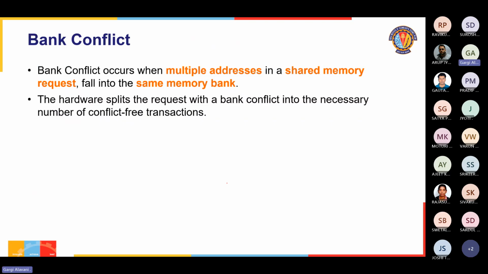With bank conflict, the time it takes to access shared memory increases and leads to poor performance. This happens when multiple addresses in the same shared memory bank are requested at the same time; the hardware splits this request into the necessary number of conflict-free transactions.